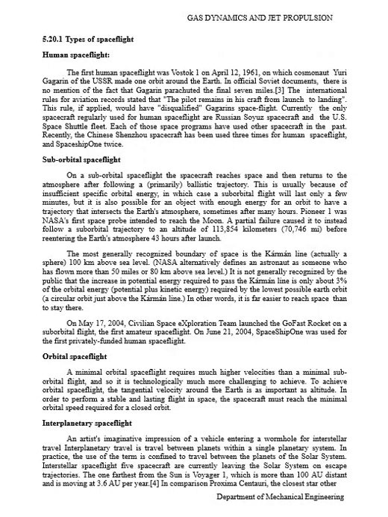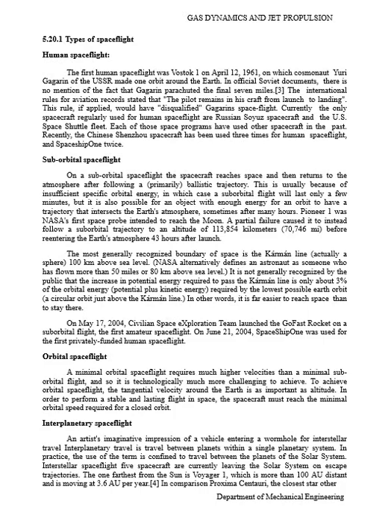Types of spaceflight. Human spaceflight. The first human spaceflight was Vostok 1 on April 12, 1961, on which cosmonaut Yuri Gagarin of the USSR made one orbit around the Earth. In official Soviet documents, there is no mention of the fact that Gagarin parachuted the final several miles.